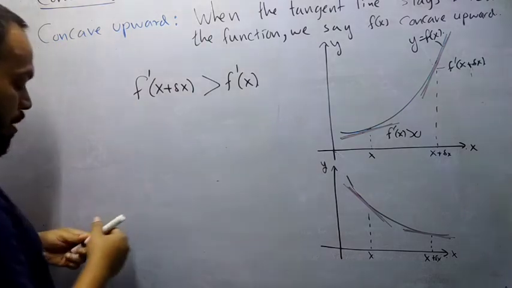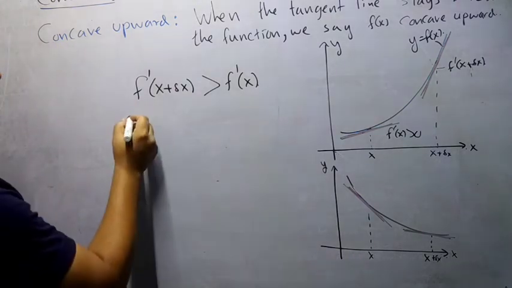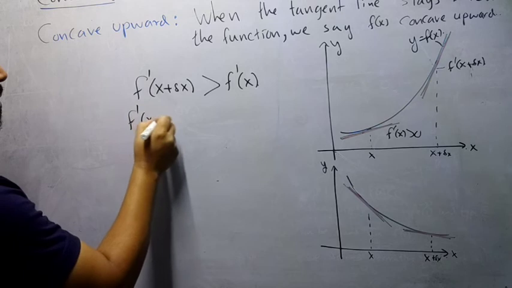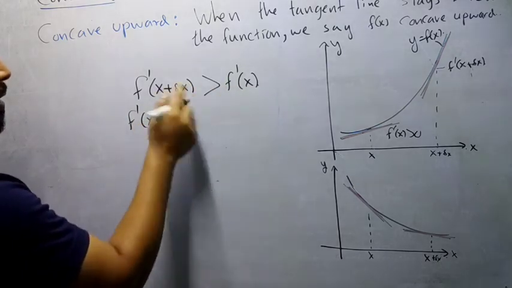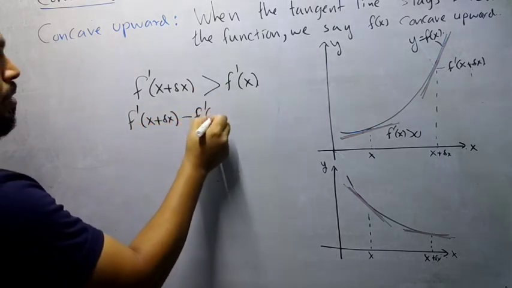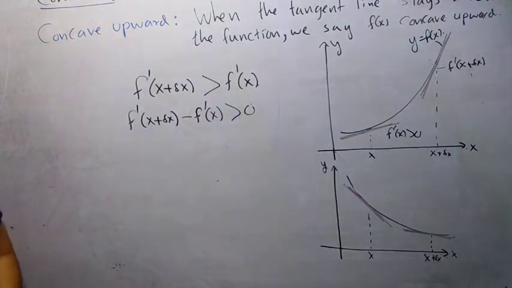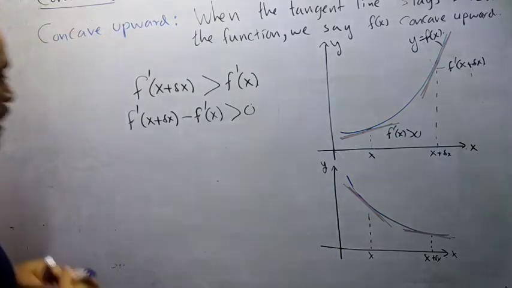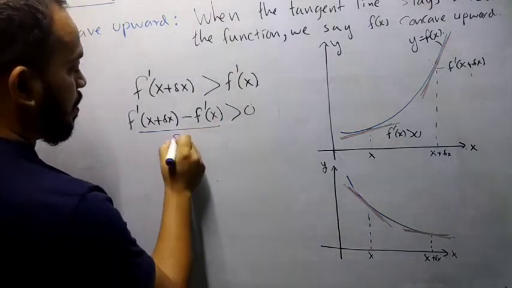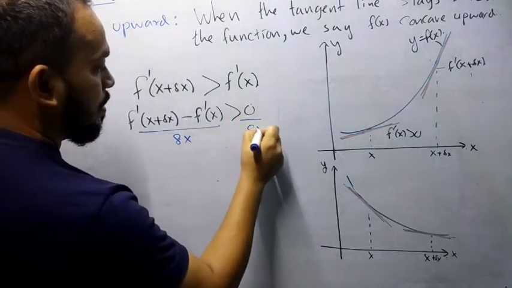So I'm going to use the same method I used for increasing and decreasing functions. I take this function to the left side, so I get 0. Then I'm going to divide this whole thing by delta x, right?